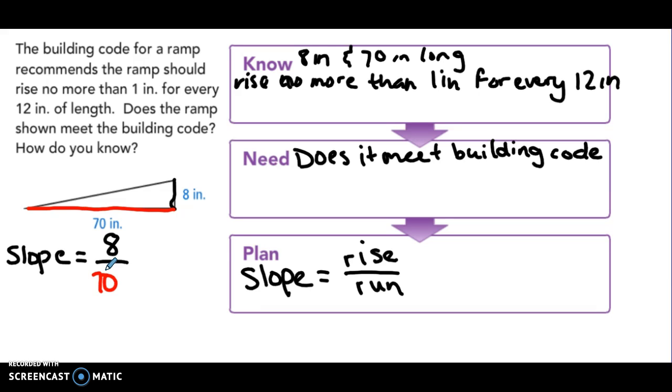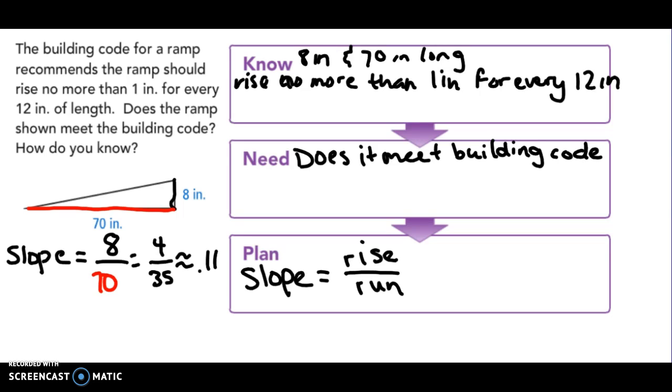So when we simplify 8 over 70, we get 4 over 35, which is approximately 0.11. Well, remember, the building can be no more than 1 inch for every 12 inches.